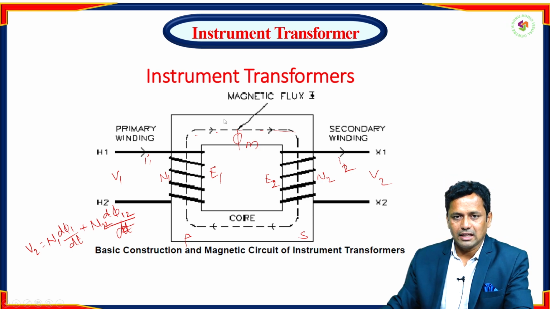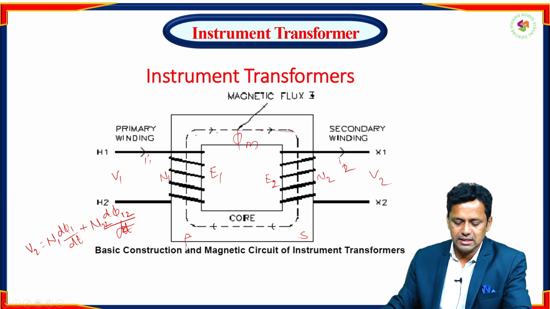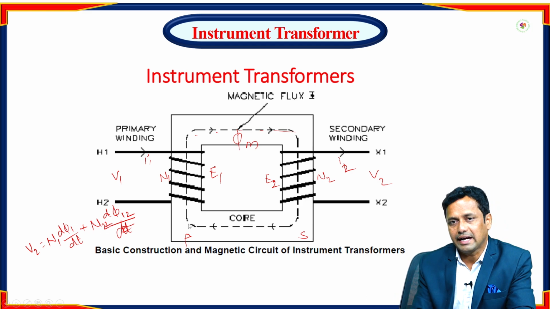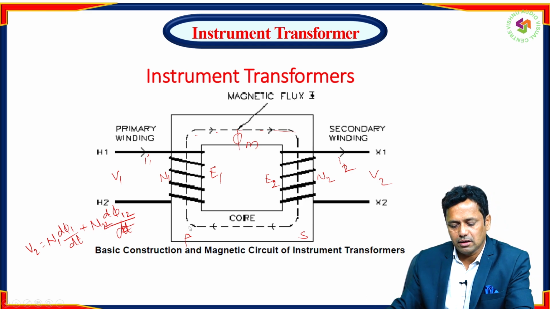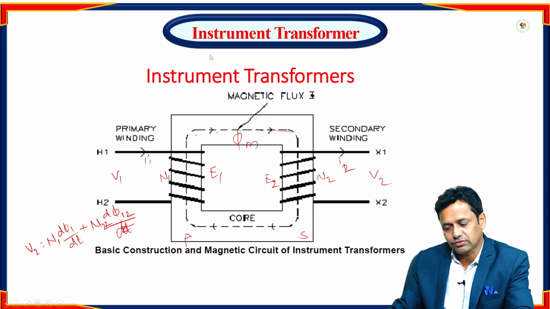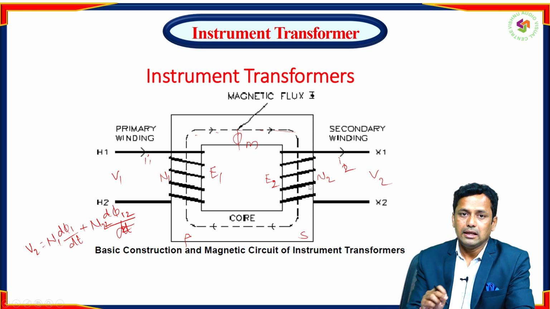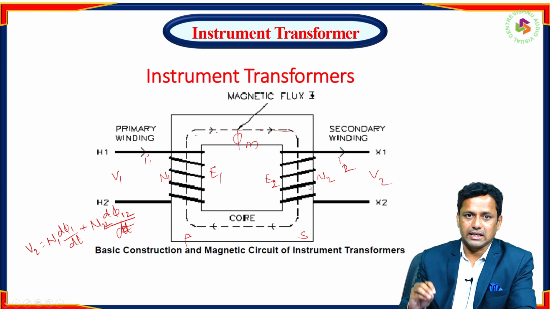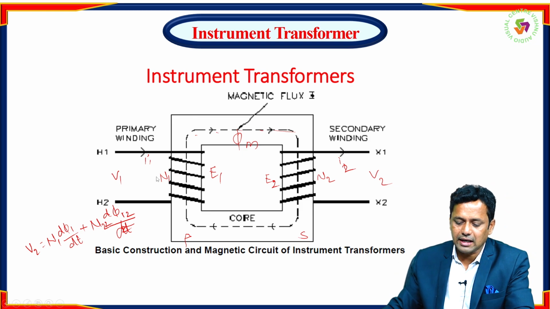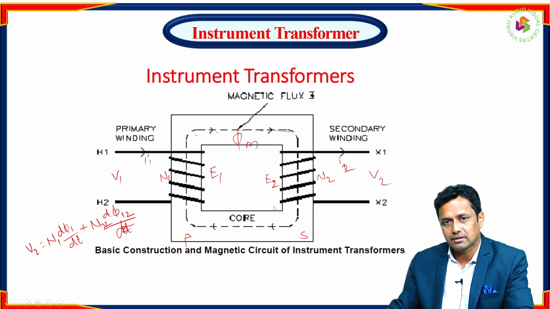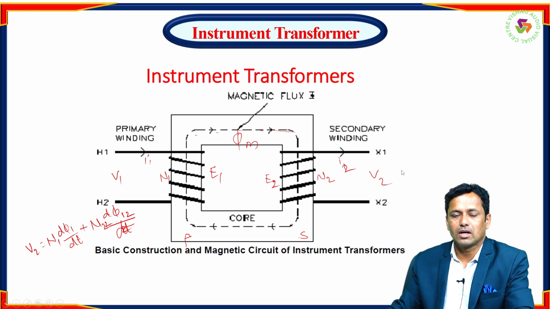So the transformer definition is, the primary output is transferred to the secondary side. The primary output of the flux is transferred to the neighboring secondary coils. Then the output will be generated.